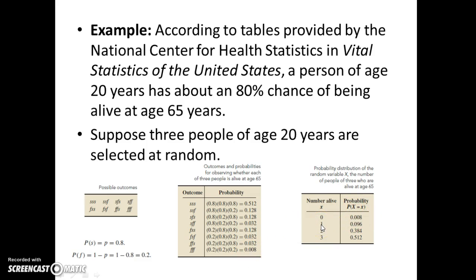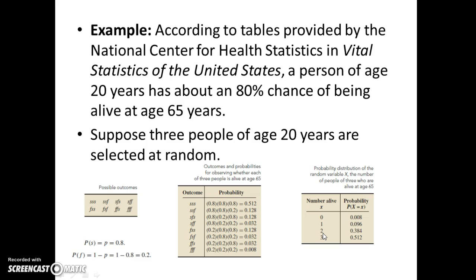If 1 person is alive, it means there's 1 success and 2 failures. There are 3 such cases with the same probabilities, so you add the probabilities to find the probability of having 1 person alive and 2 dead.